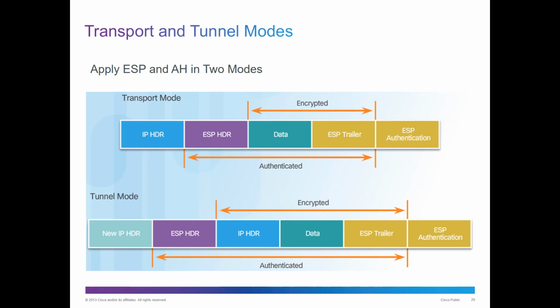There are two types of modes when we're talking ESP and AH. We're talking transport mode. That is looking at the data and ESP trailer being encrypted, and tunnel mode. With tunnel mode, we're looking at the original IP header, the data, ESP trailer being encrypted, and attaching a new IP header at the very beginning for verification or authentication.